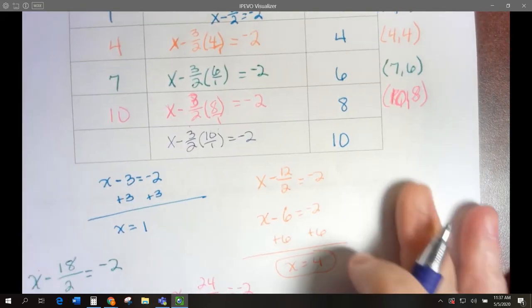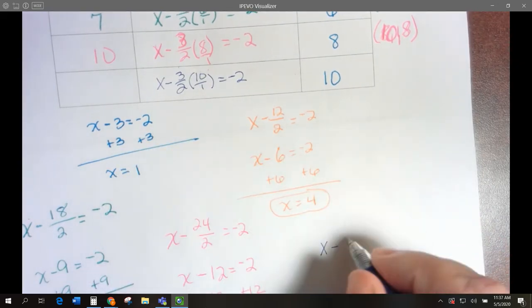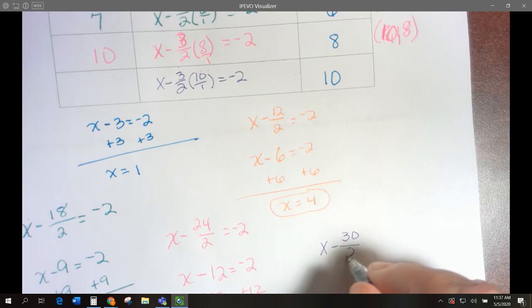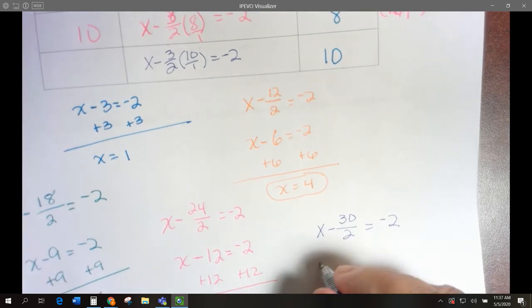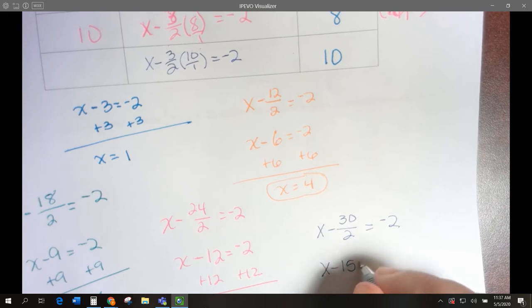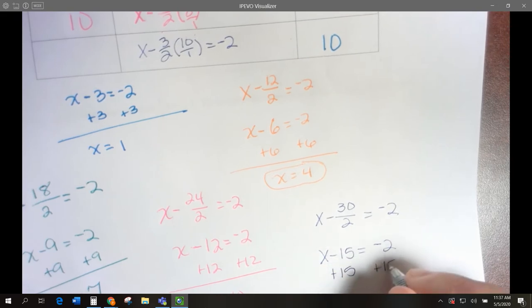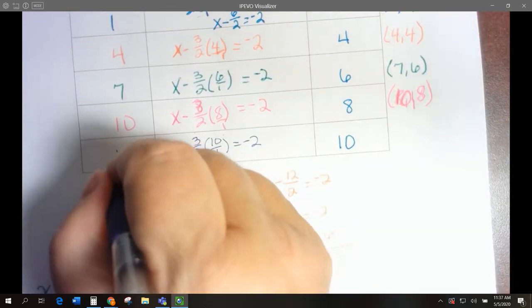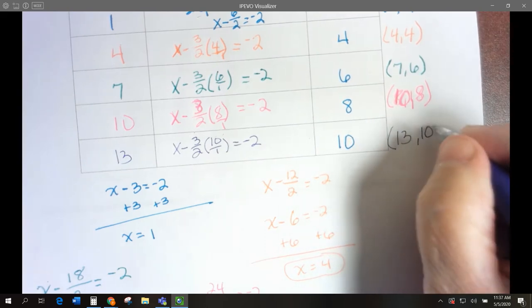So x minus 3 times 10 is 30 over 2 equals negative 2. 30 over 2 is 15, so x minus 15 equals negative 2. We're going to add 15 to both sides, and x is going to equal 13. So our coordinate pair here is going to be 13, 10.